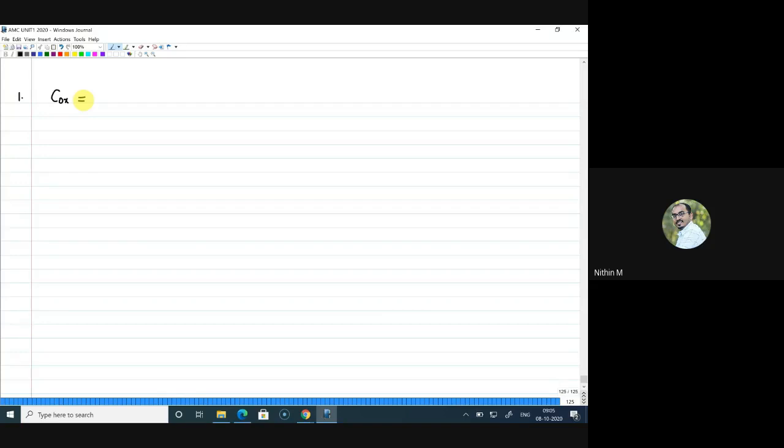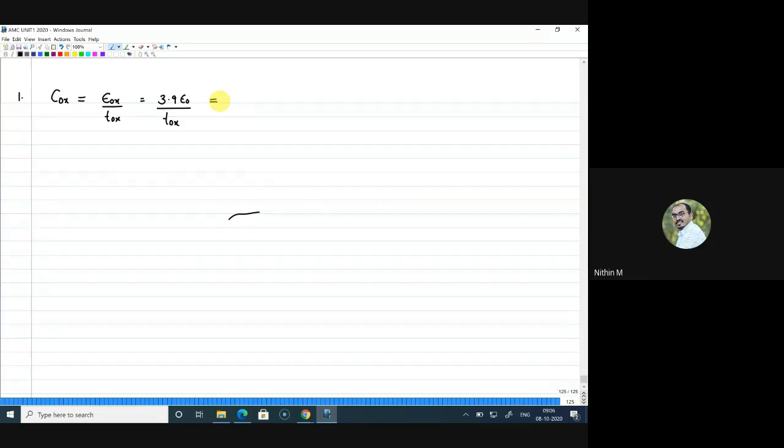What is epsilon OX? Epsilon OX is 3.9 times epsilon 0. We have solved a similar numerical in class. So when you substitute the values, you will get the value of COX.